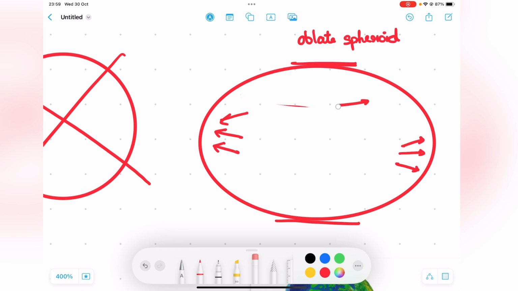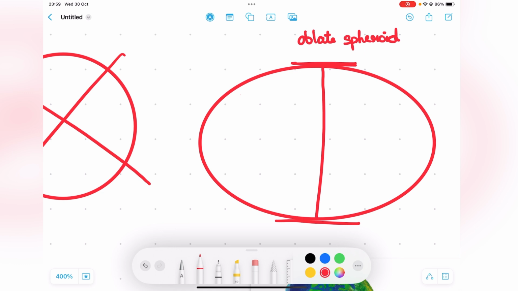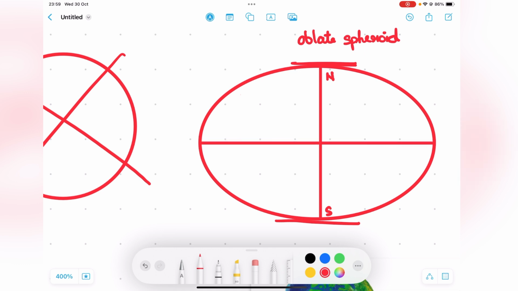Right? Now, there are two terms which I want you to understand and know. We have something that is known as the minor axis, that is going all the way from our North Pole to our South Pole, and we have something that's known as the major axis, right? So, this is known as the minor axis, and this axis is known as the major axis.